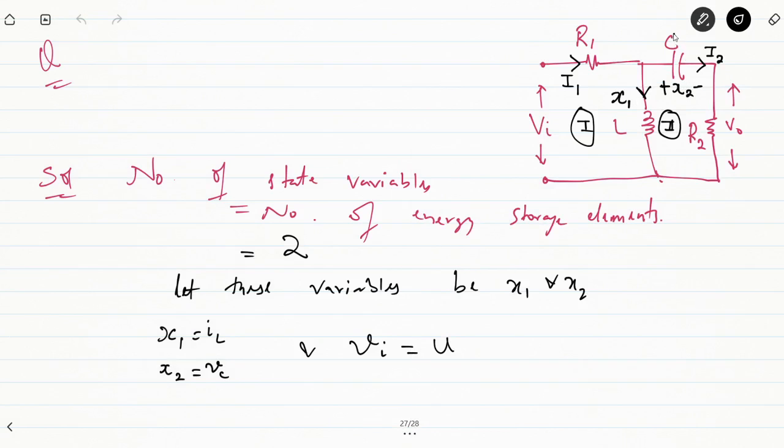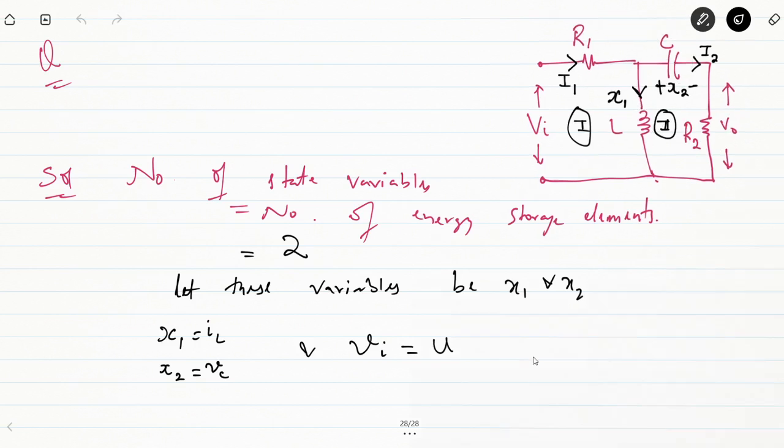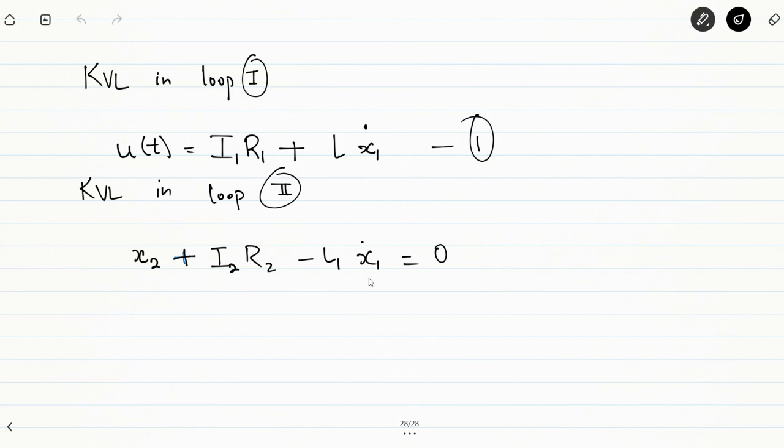KVL in loop 2 means voltage across the capacitor plus voltage across this resistor plus voltage across this inductor is equal to 0. So you have to find out the voltage across these. So you will be getting this equation.